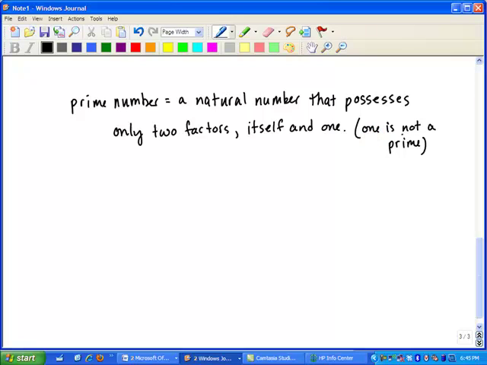The factors of 1 are 1 and itself, right? But why does that not fit this? It has to have 2 factors, right? And 1 and 1 are not 2 factors, it's just 1 factor repeated, okay? So 1 is not a prime by this definition, or any definition.